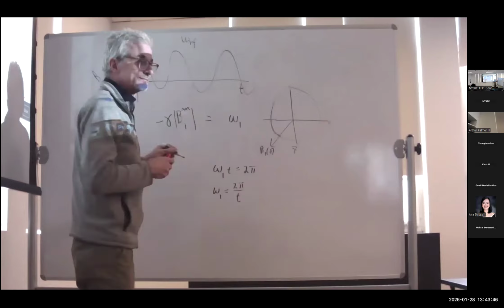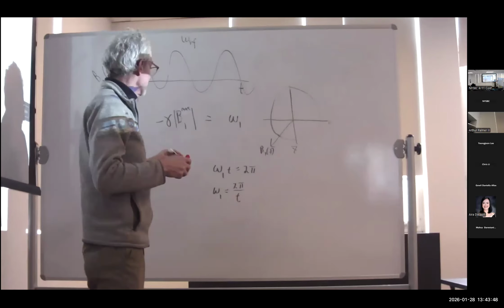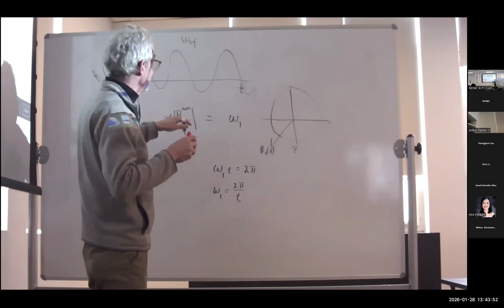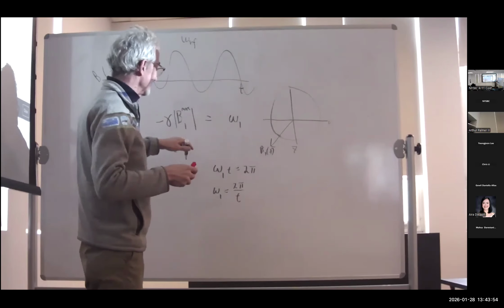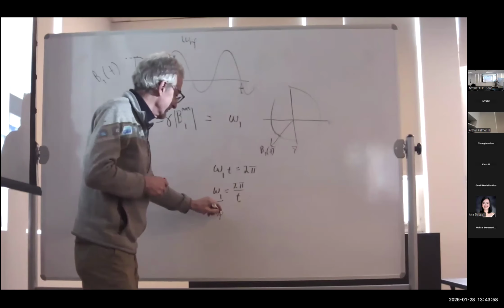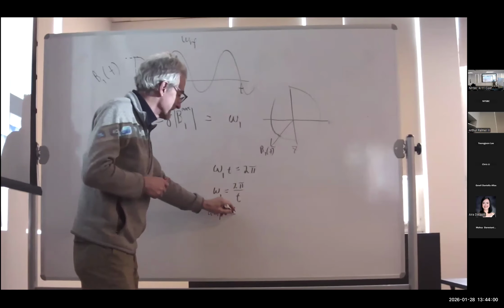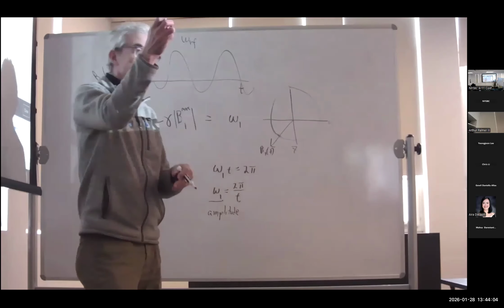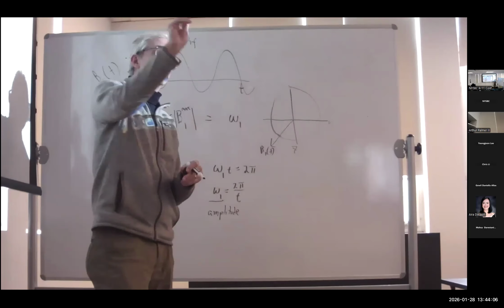In this equation, the important thing you have to keep track of, because it's confusing, is that omega 1 is the amplitude of the RF field measured by how fast it rotates the magnetization.